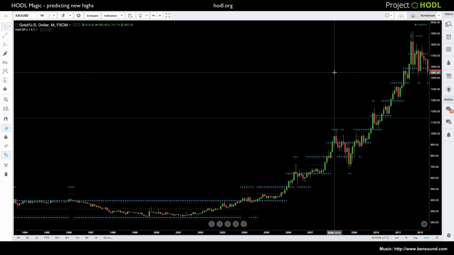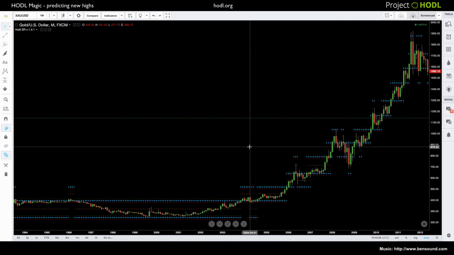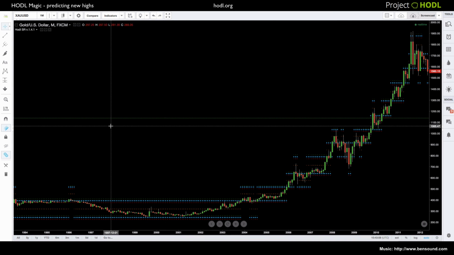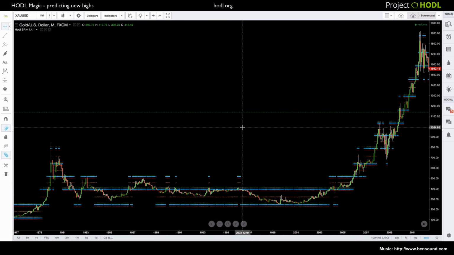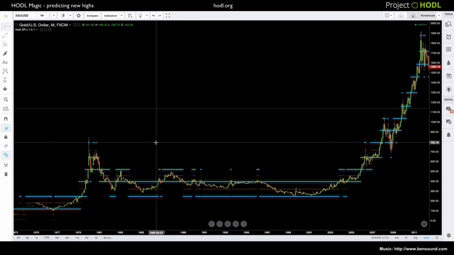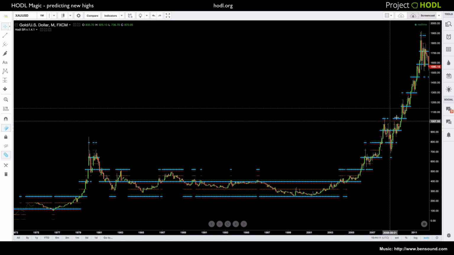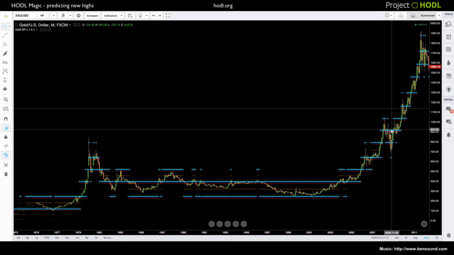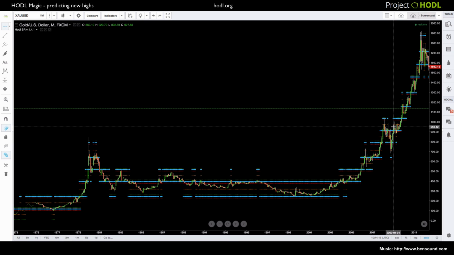Okay, so there are a few things. Whenever you're backtesting, you should always look if the HODL SR takes the proper price, and whenever the price is higher than the previous highest high, like here up to here or higher, you have to manually reconfigure the plugin.